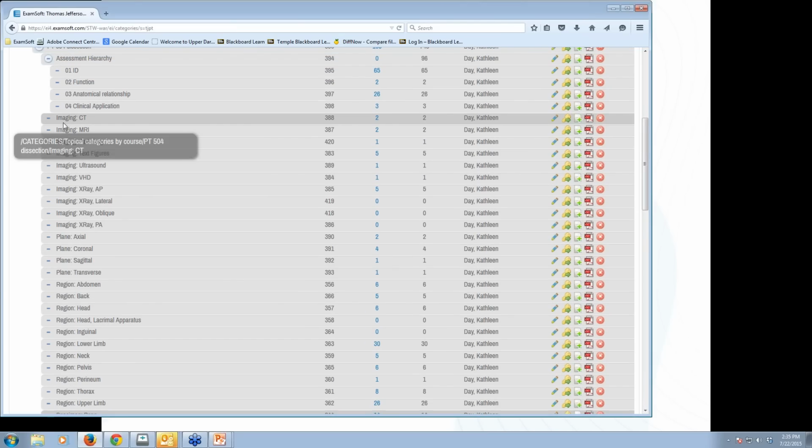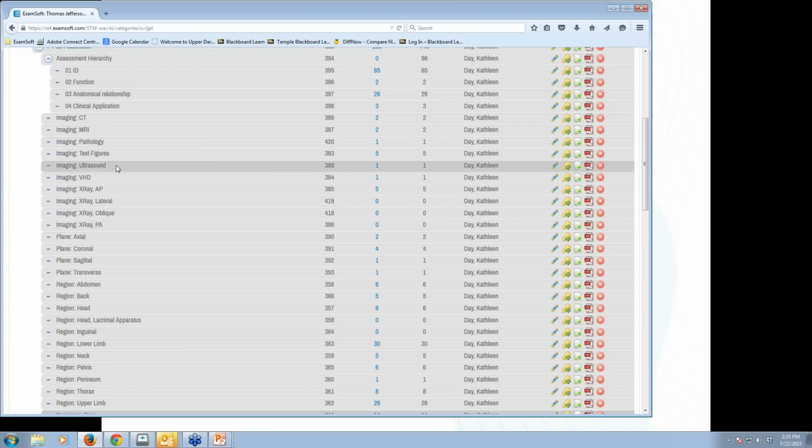You'll see too that we control for things like whether we're asking about the shoulder and it's based on a CT, an MRI, or an X-ray.